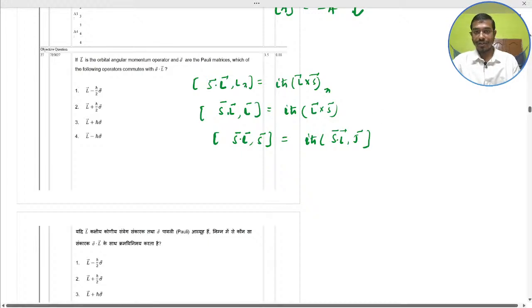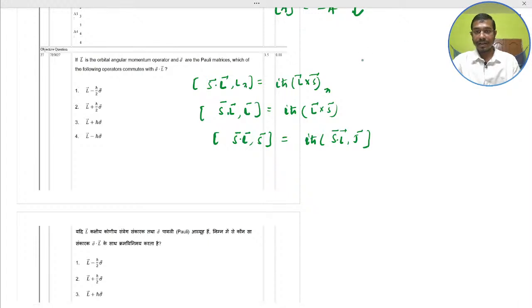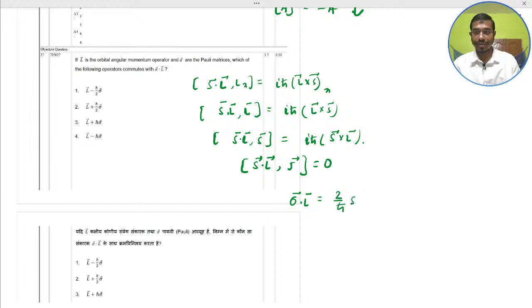So basically S dot L with S, that would be the iħ S cross L. This is basically the iħ S cross L. So the commutation of S dot L with J, that would be 0. So now the sigma dot L, that would be twice by ħ S dot L.